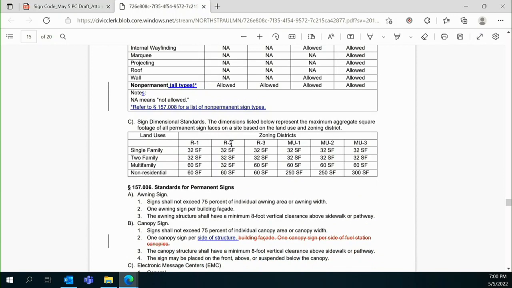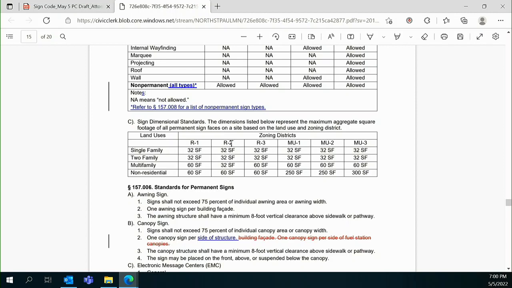Okay, let's see here. Okay, so C needs to just be modified to look like B. That seems easy. As far as the two sections, yes. Only because it specifically says the aggregate square footage of all permanent sign faces. I mean, you could get rid of the word permanent, but it still confused me when I looked at it.